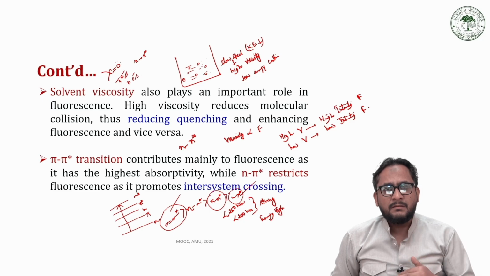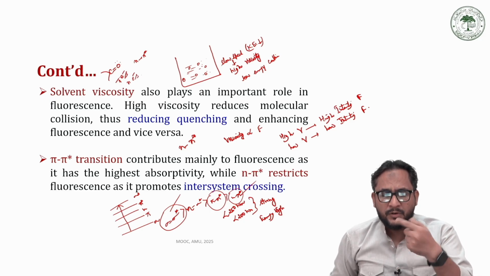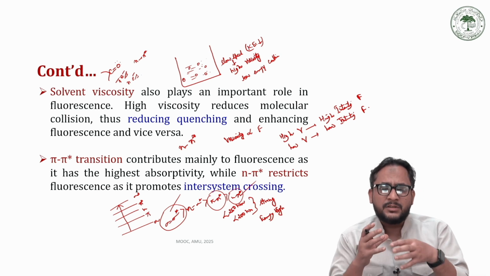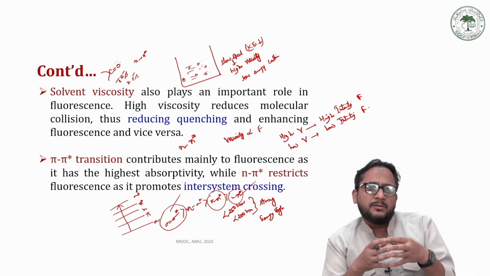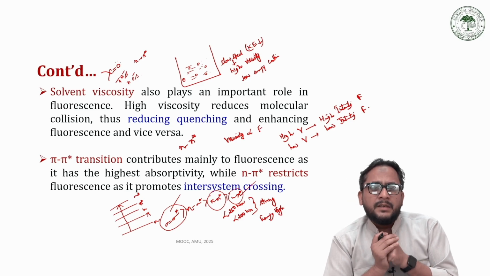So rather than promoting fluorescence, sometimes the n to pi star transition restricts fluorescence because of its lower energy and promotes intersystem crossing.